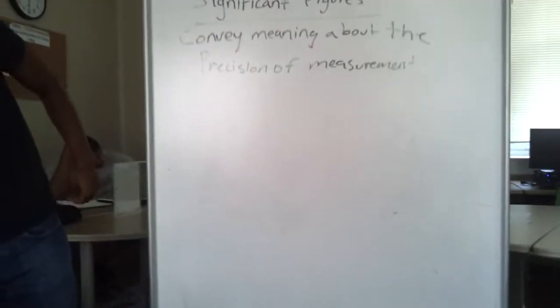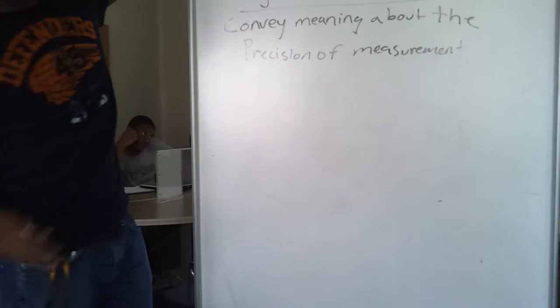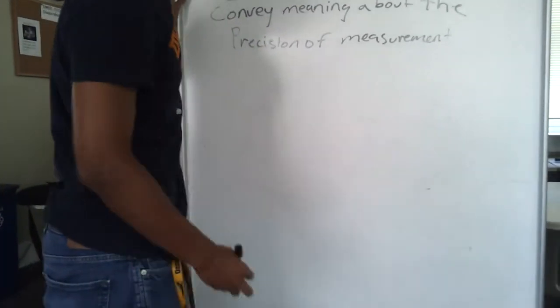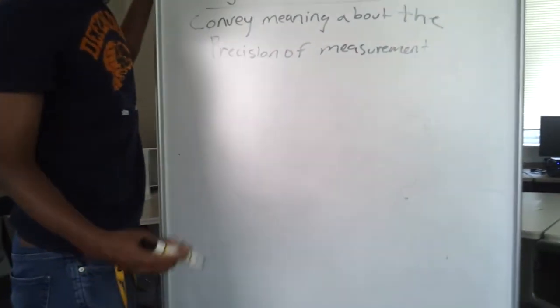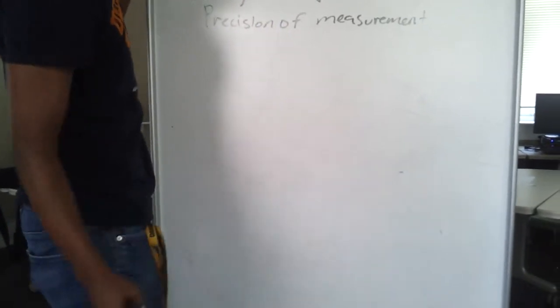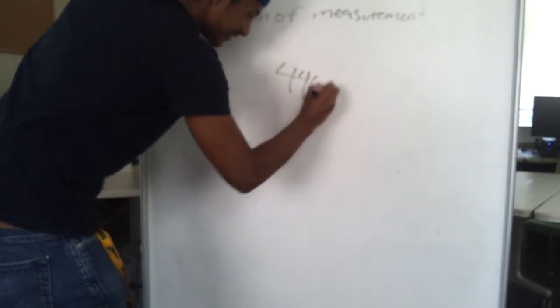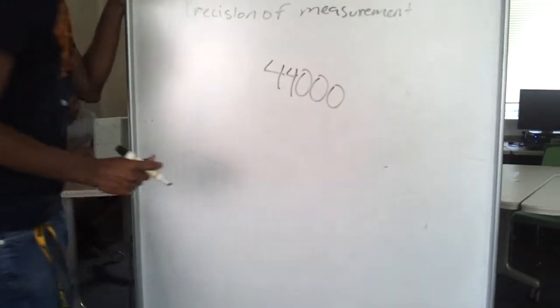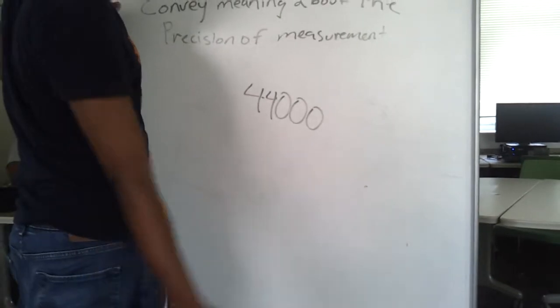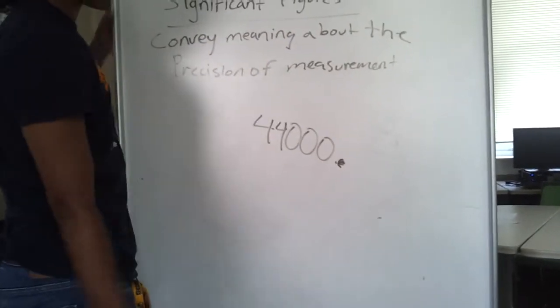Now, another way of labeling an ambiguous number of how many significant figures it has is by placing a decimal. Now here in this number, you can place a decimal at the end, which tells you where you can stop.